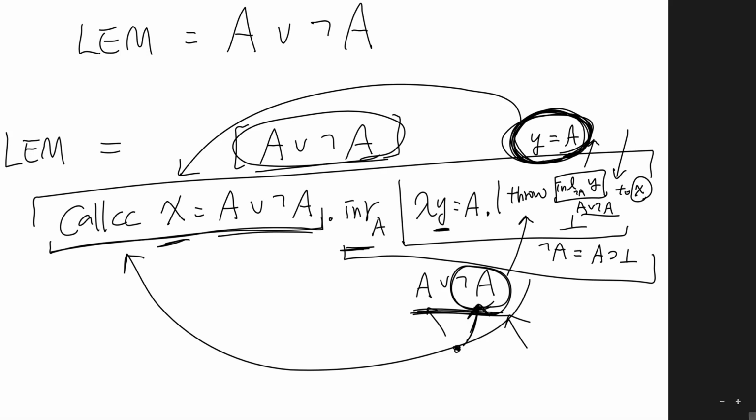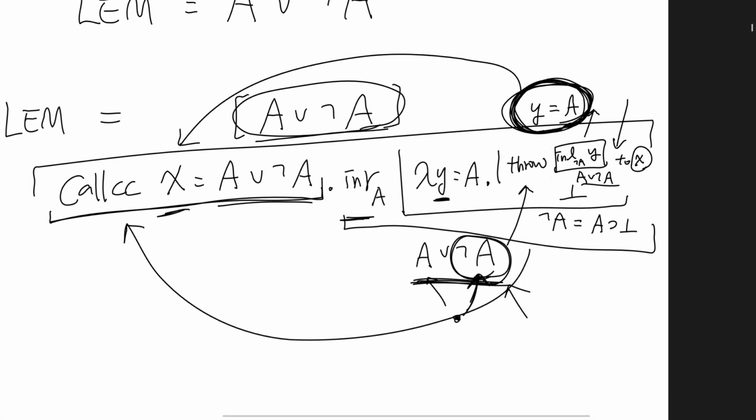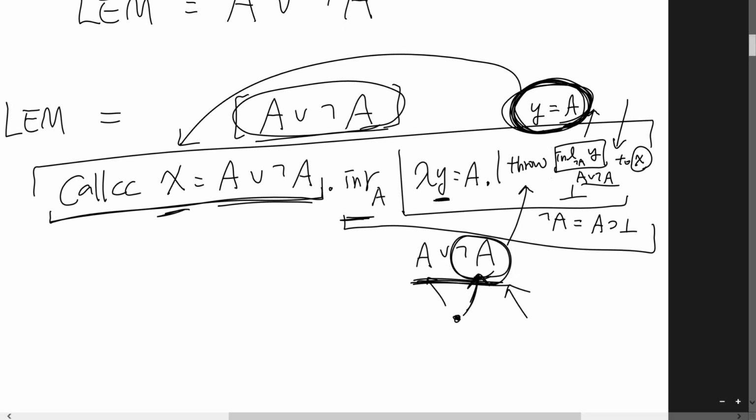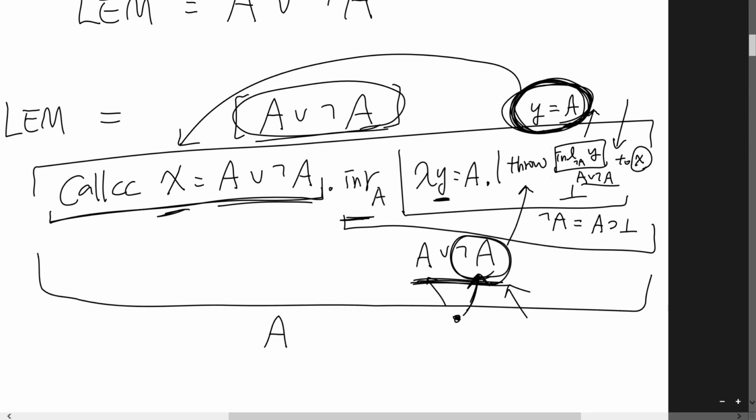So the story goes like this. You are supposed to find a value of a type A disjunction negation A. So first, you remember the current execution point by creating this label. You can think of x as a label created at this moment.